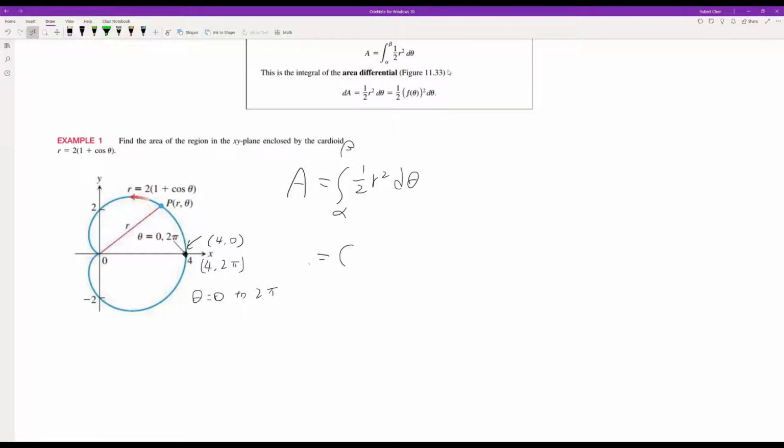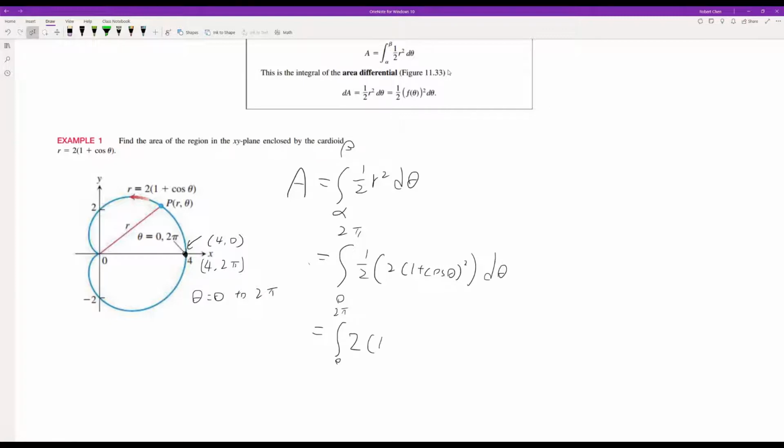So that's equal to the integral from 0 to 2 pi of 1/2 r squared, where r is 2 times 1 plus cosine theta, squared, d theta. Let's expand this a little bit. 2 squared is 4, times 1/2 is 2.